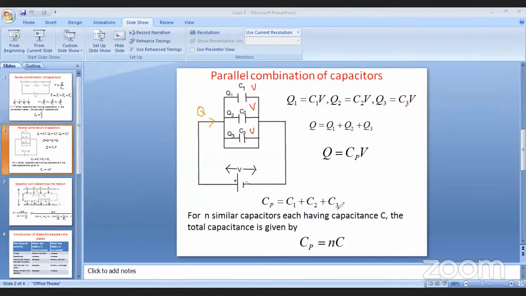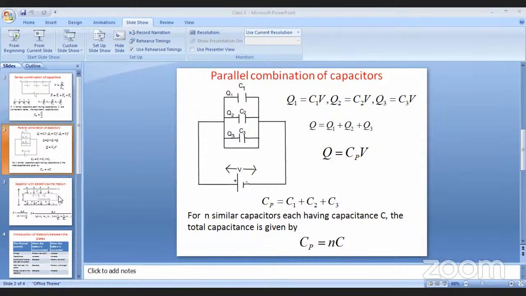In parallel combination, if you have n number of similar capacitors, each having capacitance C, then the total capacitance is given by Cp equal to n into C. So this is how you need to understand the concept.